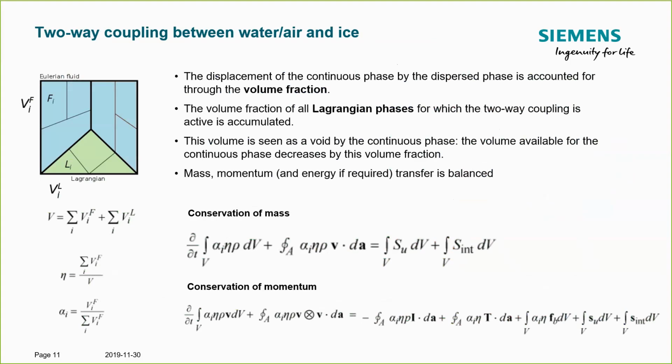In the end, the volume fraction of all Lagrangian phases for which the two-way coupling is active will be accumulated, and this volume is seen as a void by the continuous phase, in our case by water and air. The volume available for the continuous phase decreases by just this volume fraction. So if we have this information, we can account for mass, momentum, and if required, energy transfer, and this will be balanced by the two equations which we see here.